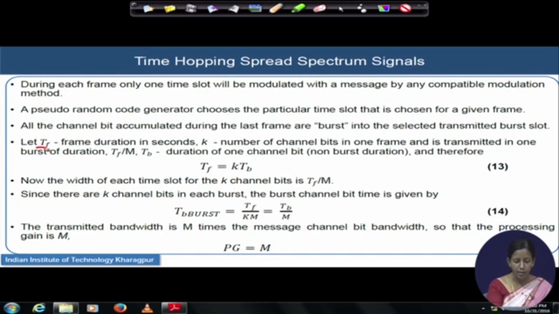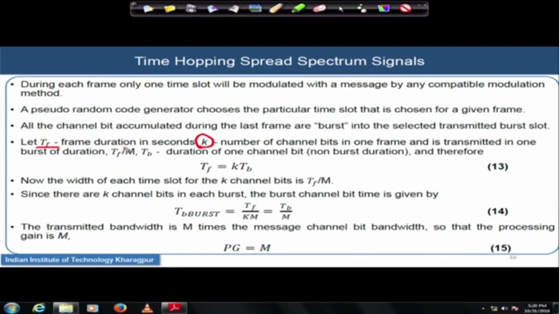Let us consider that TF is the total frame duration in seconds, and there are k number of channel bits that need to be transmitted within that frame duration. If there is no burst transmission going on, what will be the situation? The total time period for the frame duration, TF, will be given by K multiplied by TB, where TB is the bit duration of one channel bit.